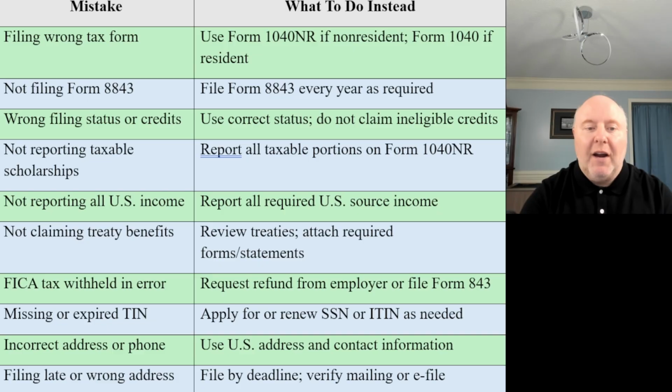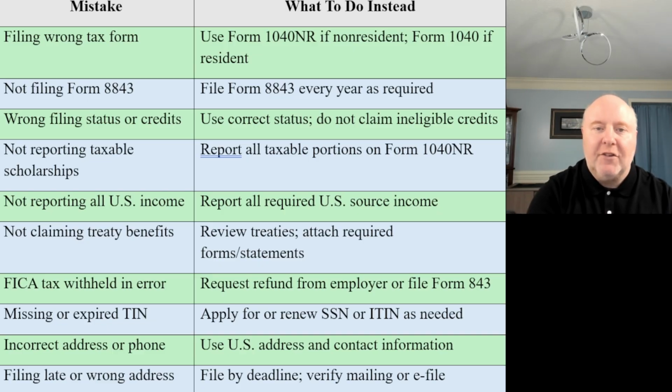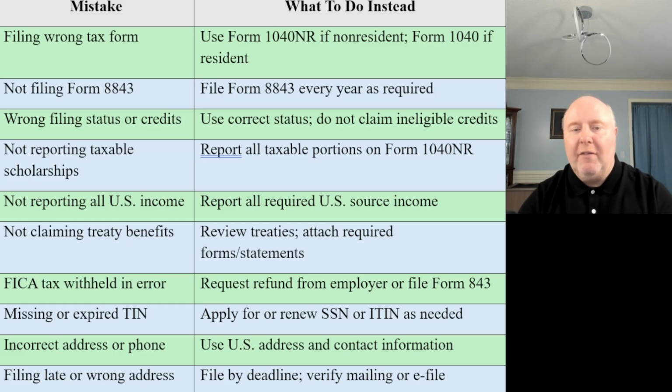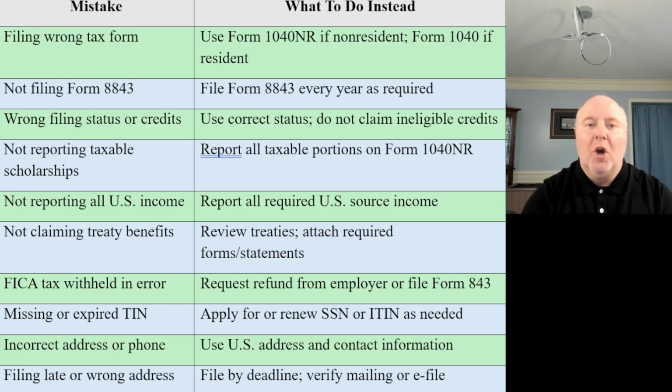All right, the third one is going to be the wrong filing status or taking credits that you're not eligible for. So in our previous video, we talked about some of those statuses that you're not eligible for, such as you're not able to claim married filing jointly or head of household. So sometimes because of the way that the programs are set up and accounting programs, international students claim it, and that can be an issue, or they claim something like a tax credit.